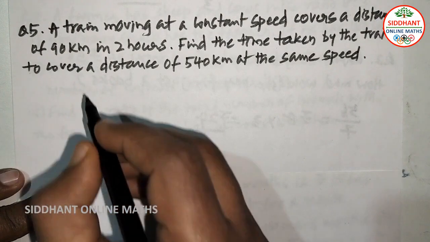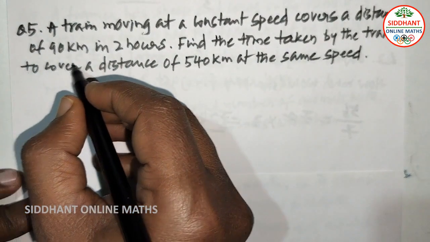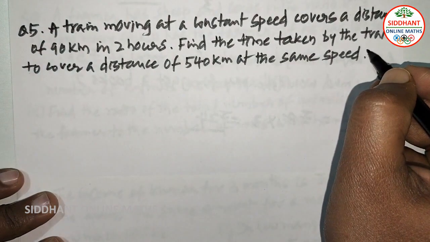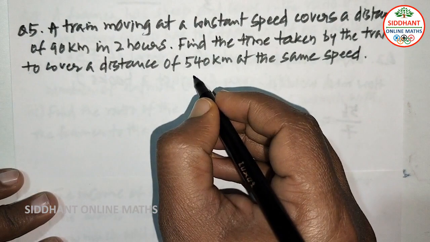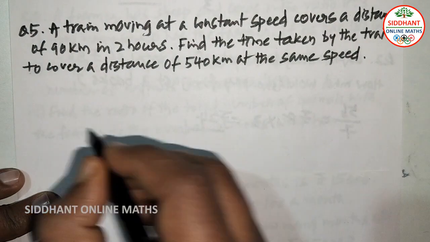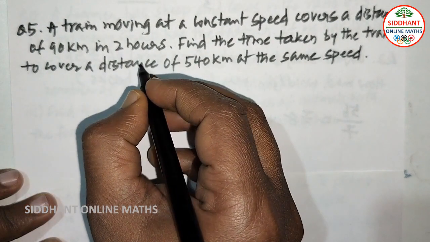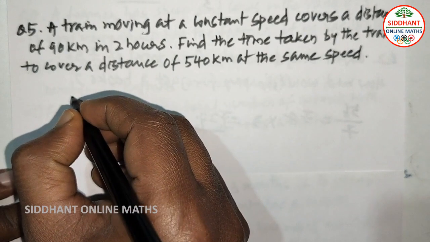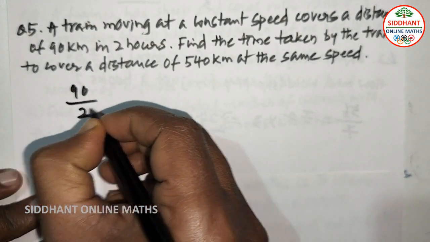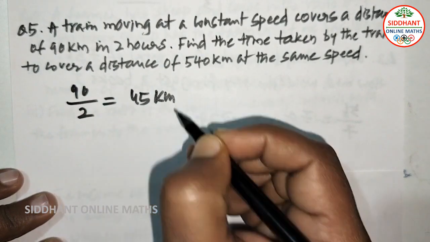Question number 5. A train moving at a constant speed covers a distance of 90 kilometers in 2 hours. Find the time taken by the train to cover a distance of 540 kilometers at the same speed. So for 90 kilometers it has taken 2 hours. Then for 1 hour how much will it cover? That means 90 by 2, that will be 45 kilometers.